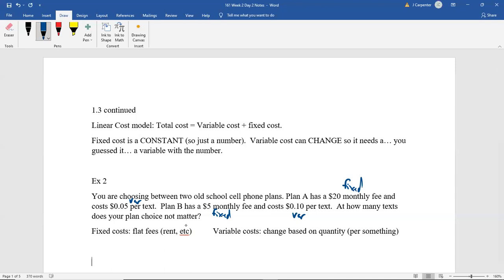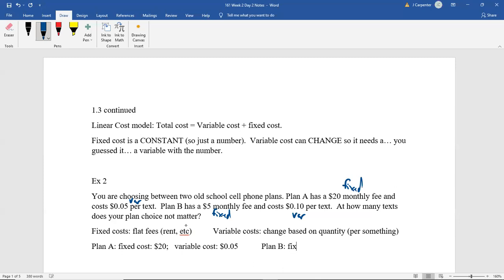I'll type it. It's typed lower, but I'll just go ahead and type it. So the knowns and unknowns. For plan A, we know our fixed cost is $20 and our variable cost is 0.05, which means 5 cents per text.